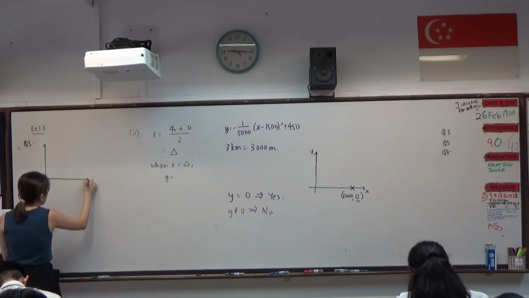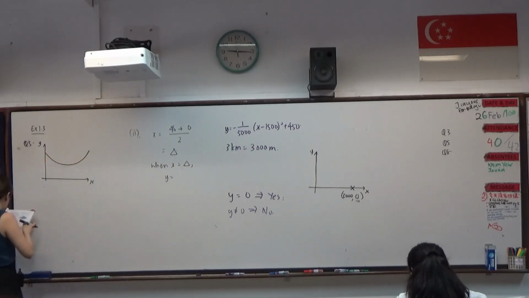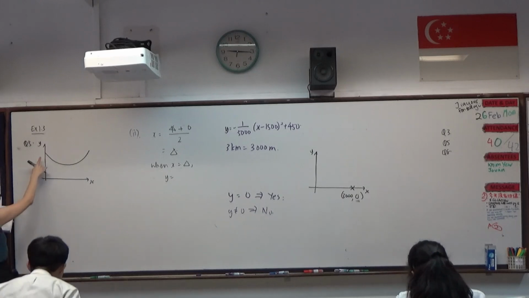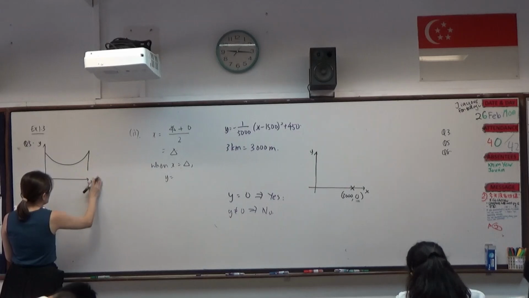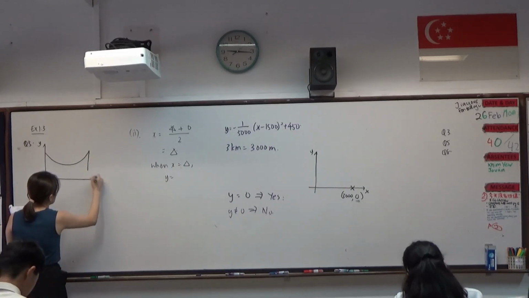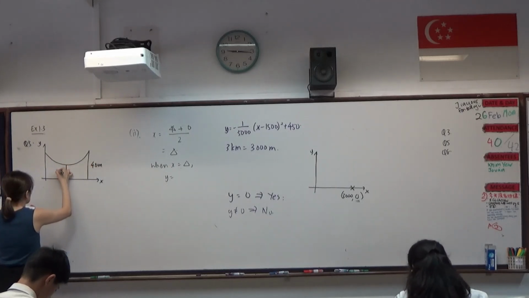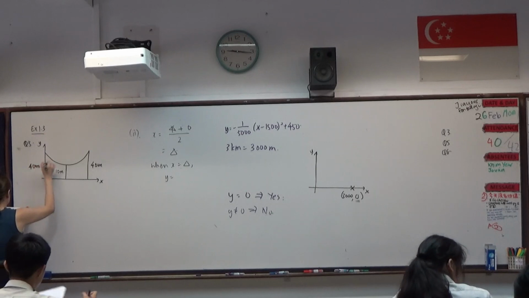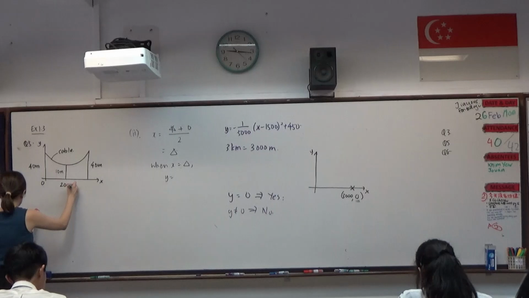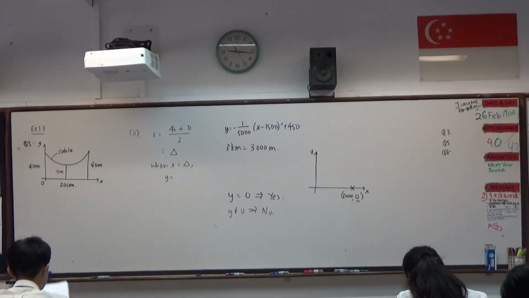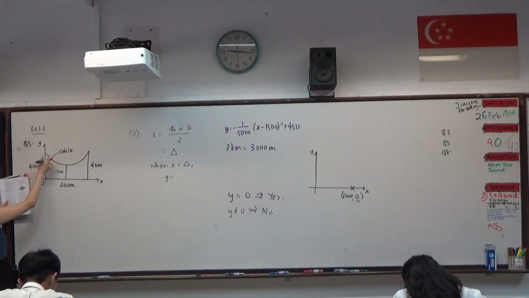So they show you some suspension bridge with a curved cable. x is the horizontal distance and y meters is the height of the cable itself.